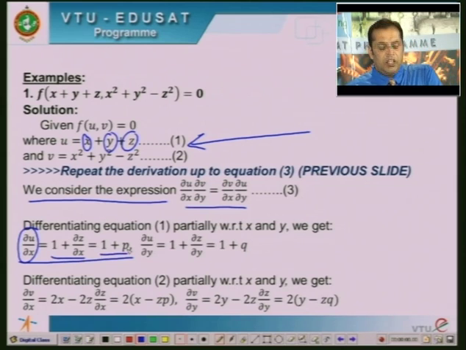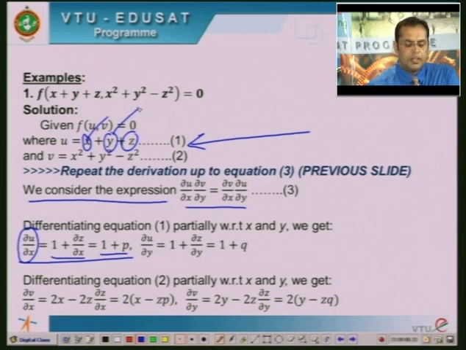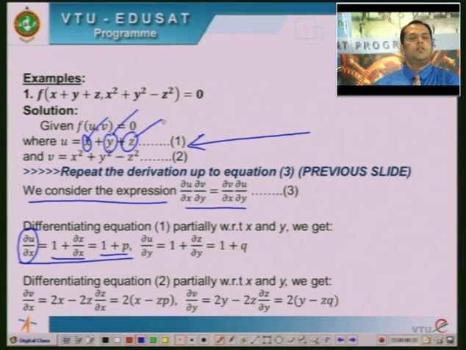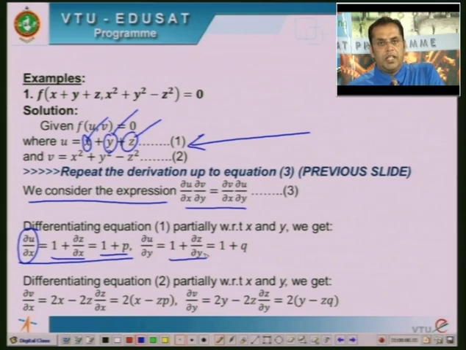Then, when you differentiate with respect to y, x is 0, y is 1, z is dou z by dou y, which gives dou u by dou y equal to 0 plus 1 plus dou z by dou y, which is 1 plus dou z by dou y, also equal to 1 plus q.